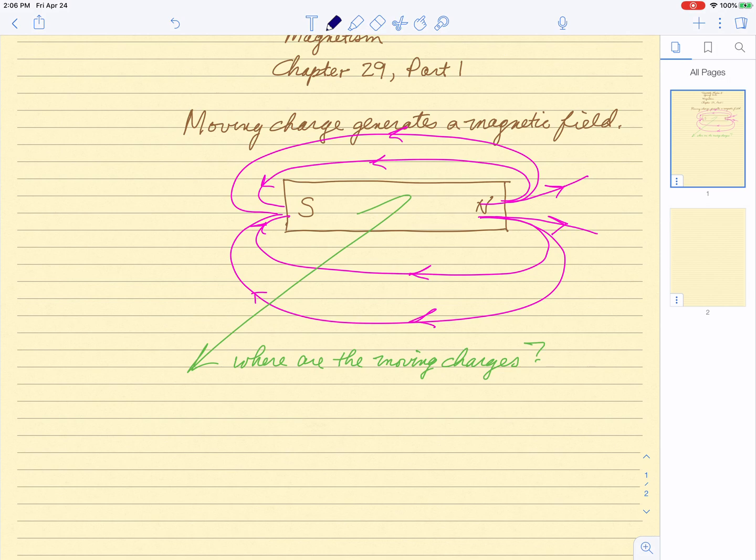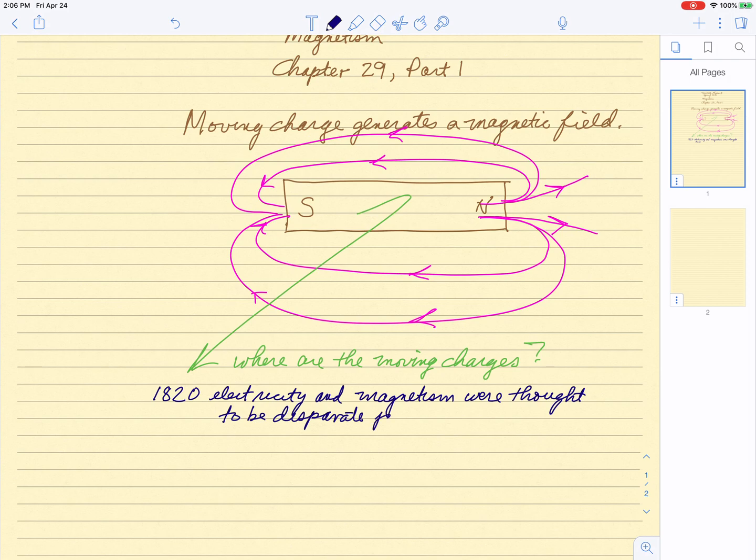So, up until 1820, electricity and magnetism were pretty much thought to be disparate phenomena. And again, you can understand that.